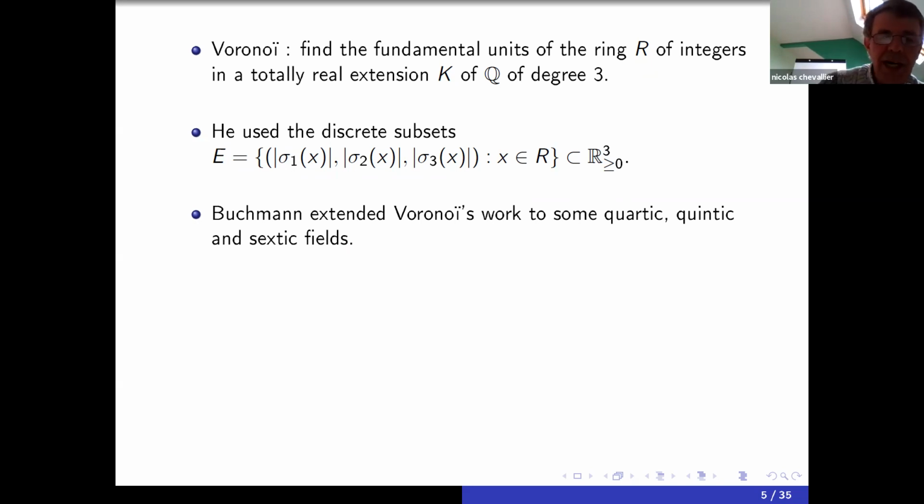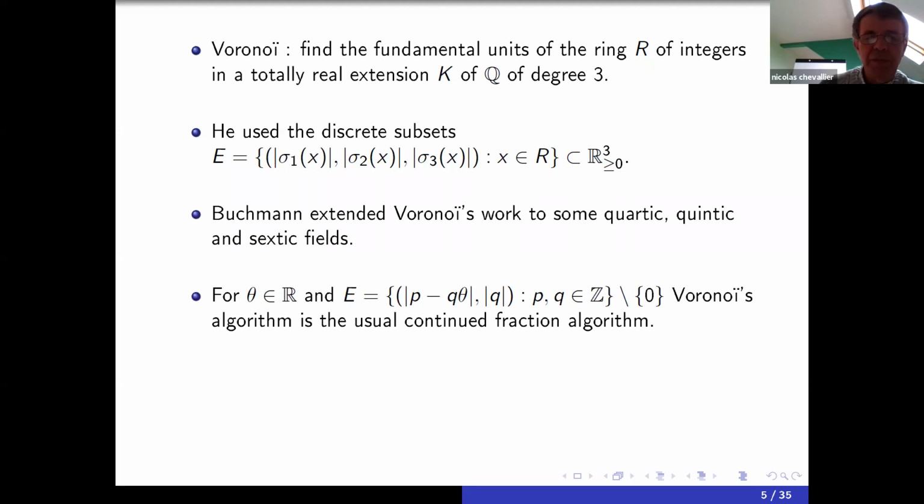If you apply Voronoi's algorithm in the simple case of the set E given here, you take theta in R and you look at all the pairs defined like here, and you look at the minimal points and the 2-chain, for instance, and you get the usual continued fraction algorithm applied to theta.